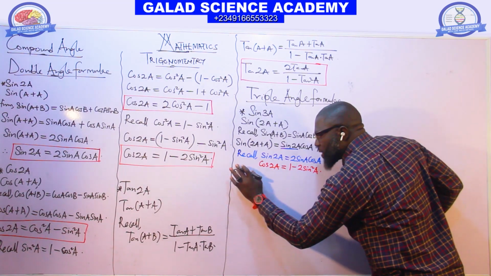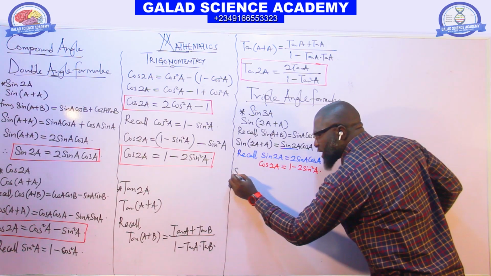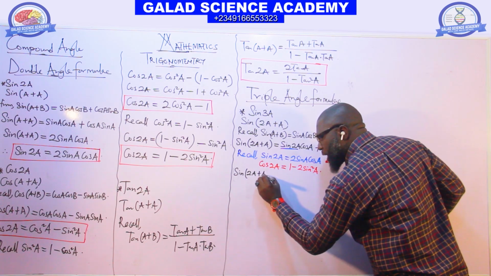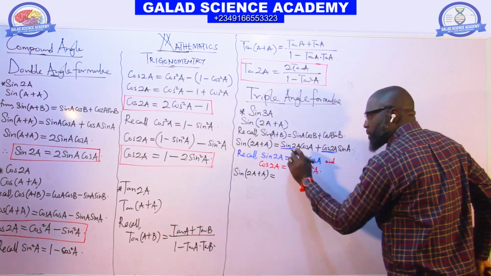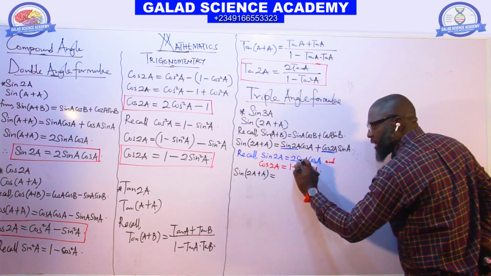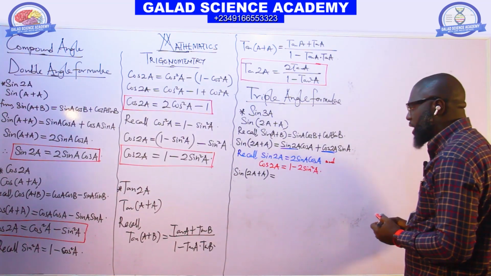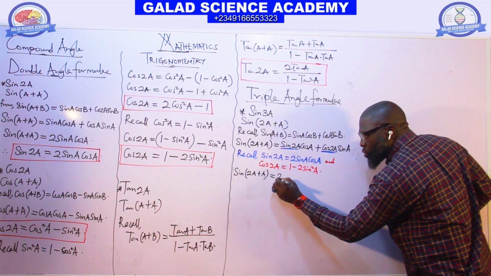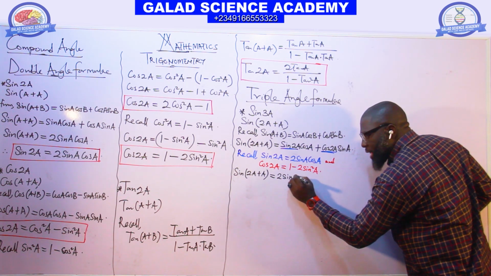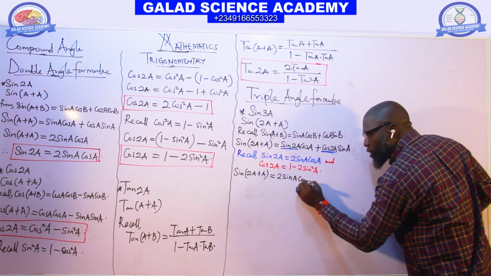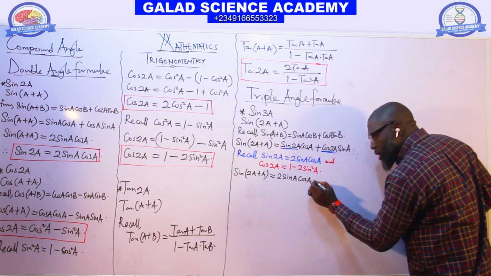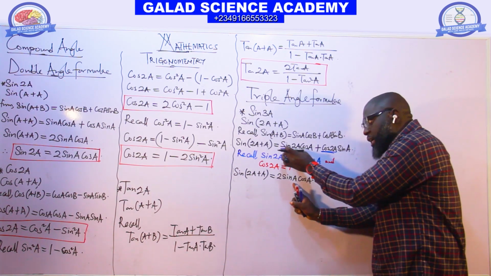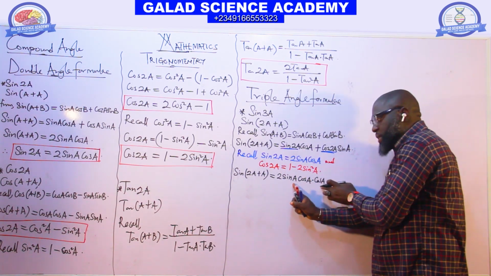If we agree with these two identities, you will now substitute for it here. We have sine of 2A plus A. What is my sine 2A here? This is my sine 2A here now, where we have 2 sine A cos A, dot cos A. Everything I put here represents 2A.